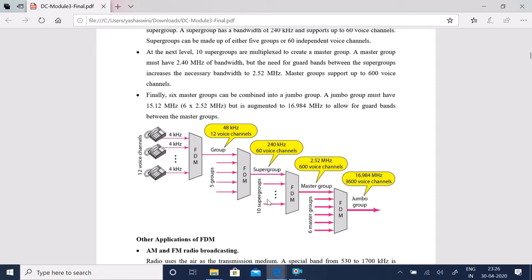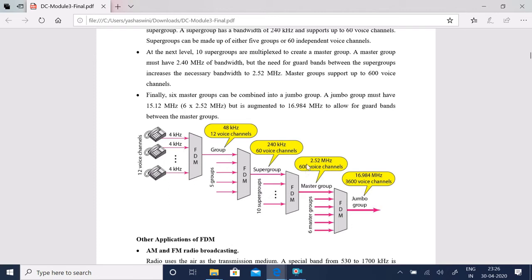Whenever these are multiplexed again, it forms the master group. So in the master group there are 10 supergroups, giving totally 10 into 60, that is 600 voice channels, and the capacity of each supergroup is 240 kilohertz.